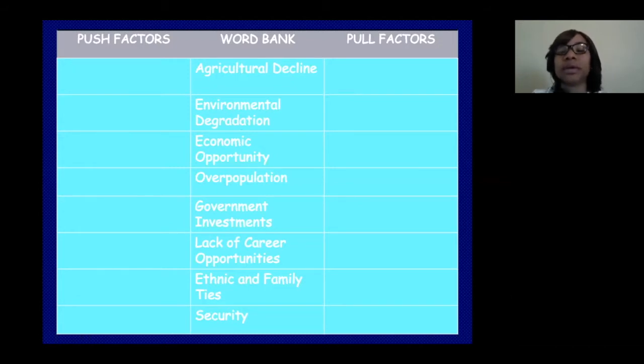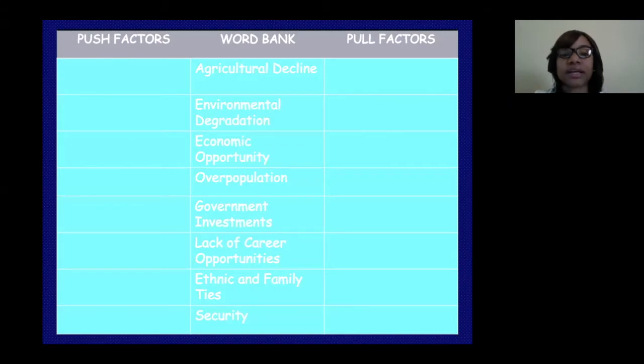We're going to differentiate between, is it a push factor or is it a pull factor? You can use your chat tab to supply me with the answers. I'm going to go through them one by one with you, and you can state in the chat tab if it's a push factor or a pull factor for migration.